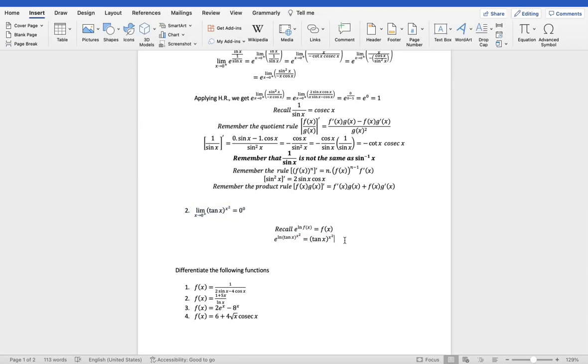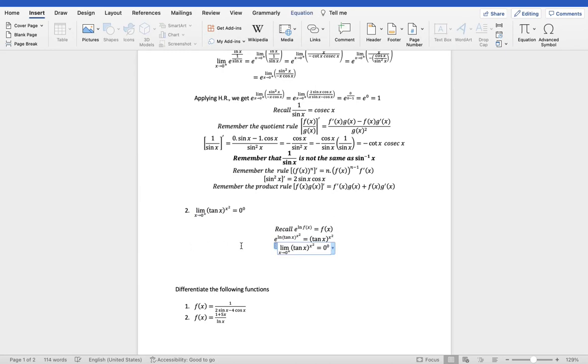So now let's apply it to our expression and see what we get. The limit as x tends to 0 from the positive side of 10x to the exponent of x squared is the same as the limit as x tends to 0 plus of e to the ln of 10x to the x squared.